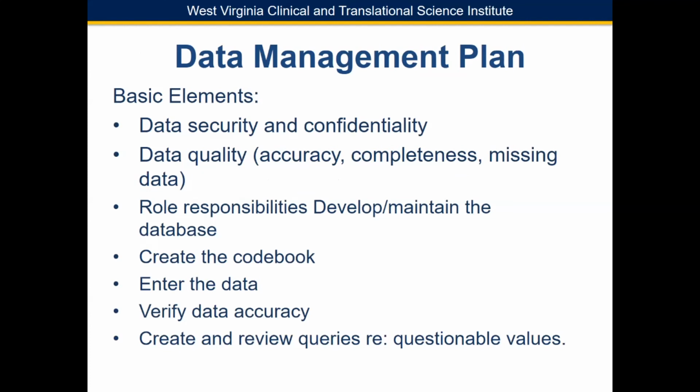So you have basic elements: data security and confidentiality, data quality, so looking at accuracy, completeness, or missing data. Roles and responsibilities: develop and maintain the database, create the code book, enter the data, verify data accuracy, and create and review queries, any questionable values that you're looking at.